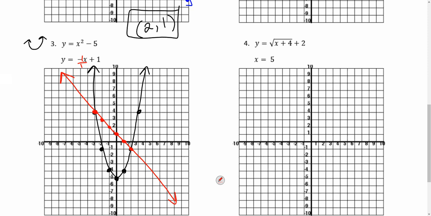That's all it is. So we give the location of those points of intersection. There's one there and there's one there. So our 2 answers for this are going to be 2, -1, and then the other one is going to be -3, 4. These are our solutions.